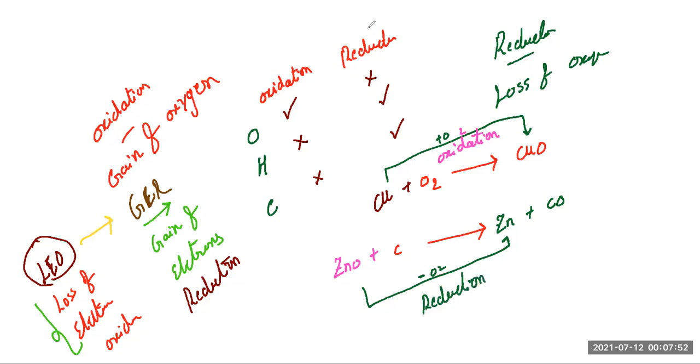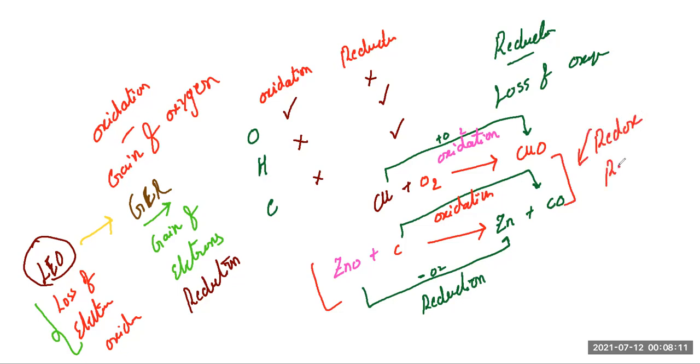Whereas carbon is gaining an oxygen, so this is oxidation. So guys, remember, in a single reaction, if both oxidation and reduction are taking place, these reactions are called redox reactions.